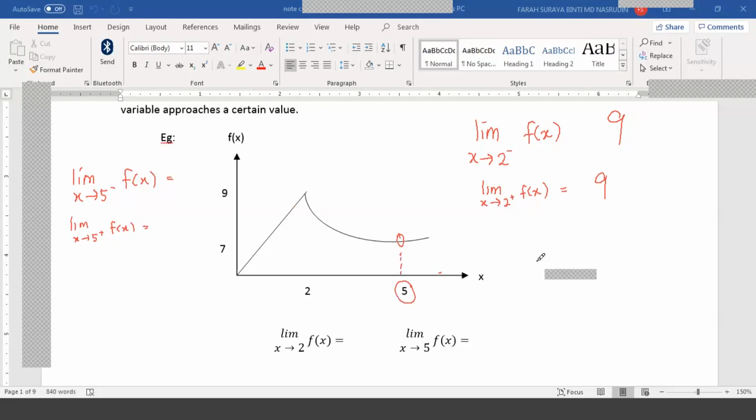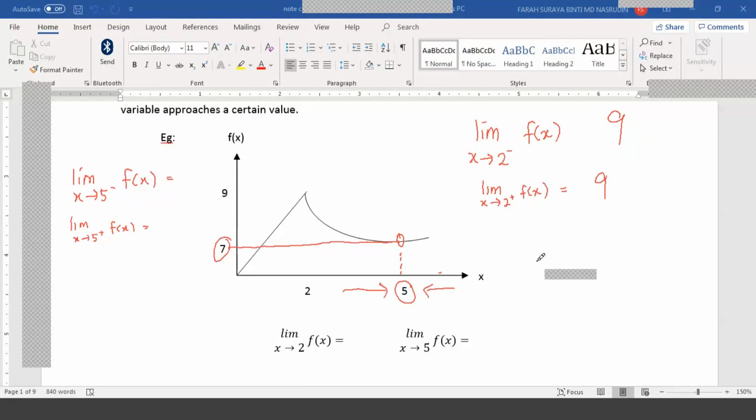Okay. So bila X equal to 5, nilai dia akan jadi 7. Okay, sama juga konsep macam tadi. When we are going to analyze when X approach 5 from left and from right.